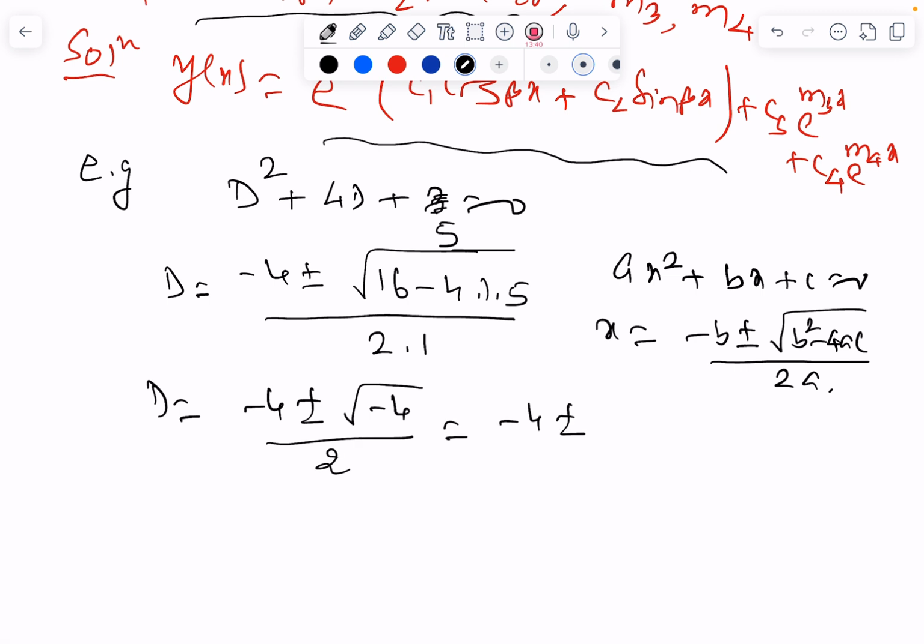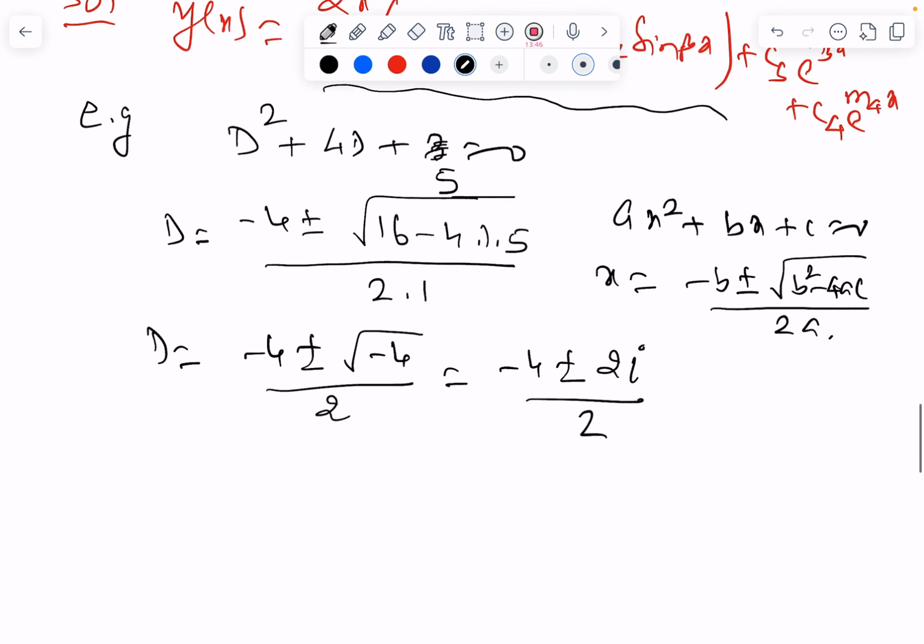So this is minus 4 plus minus 2i by 2, and so we have minus 2 plus minus i. So these are the two complex roots.